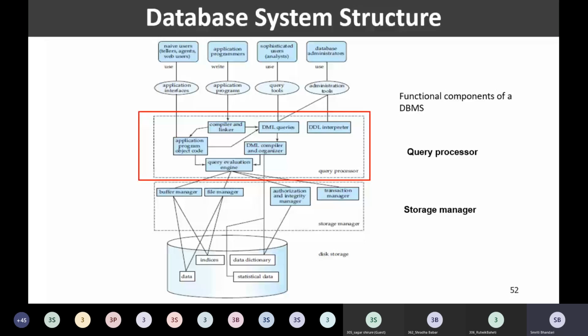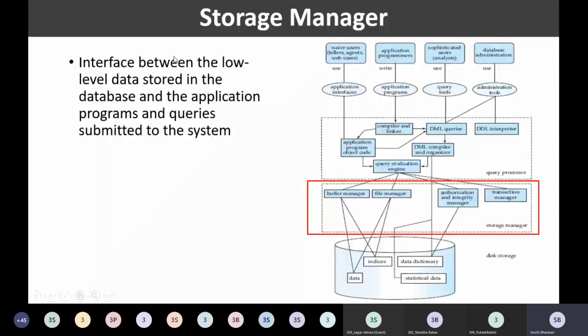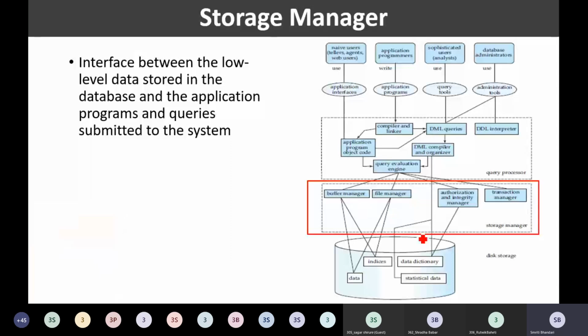So let's begin with the detailed discussion regarding the storage manager. So here is our storage manager. What is the basic role of the storage manager? If you look at its position, the storage manager is located between the query processor and the disk storage.